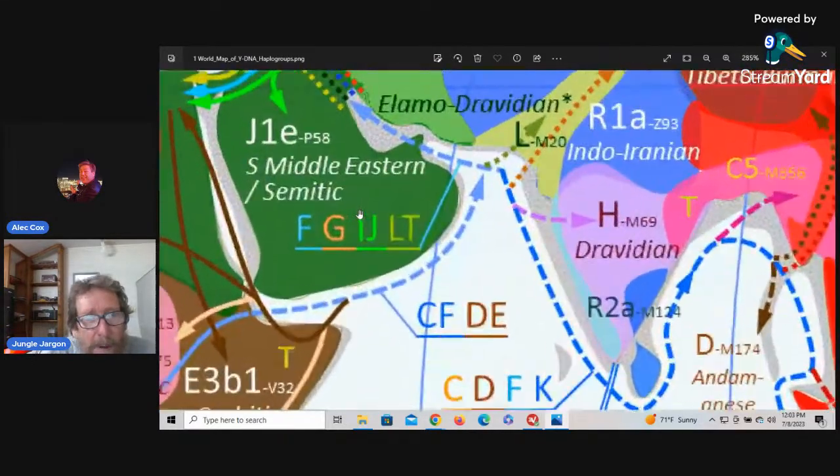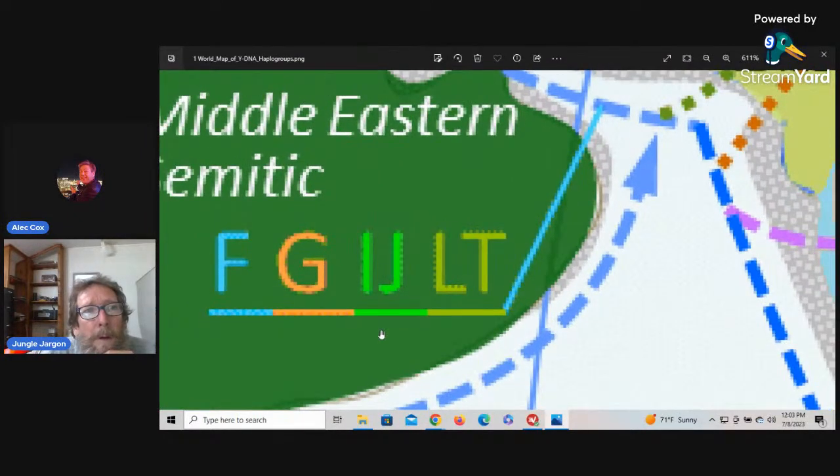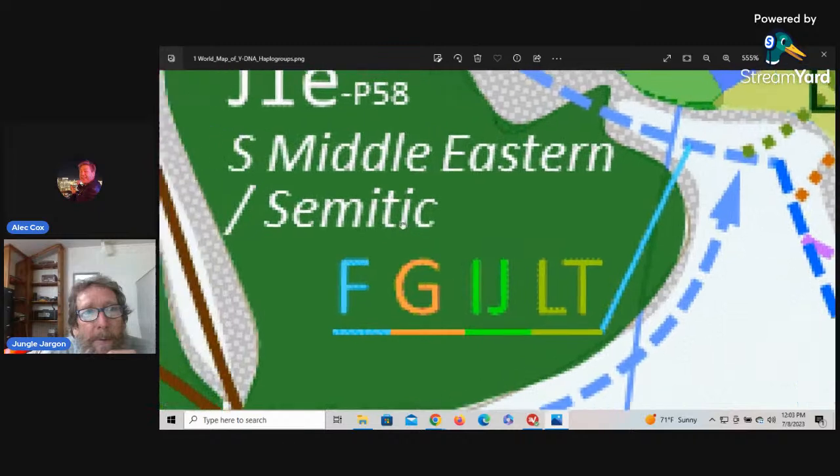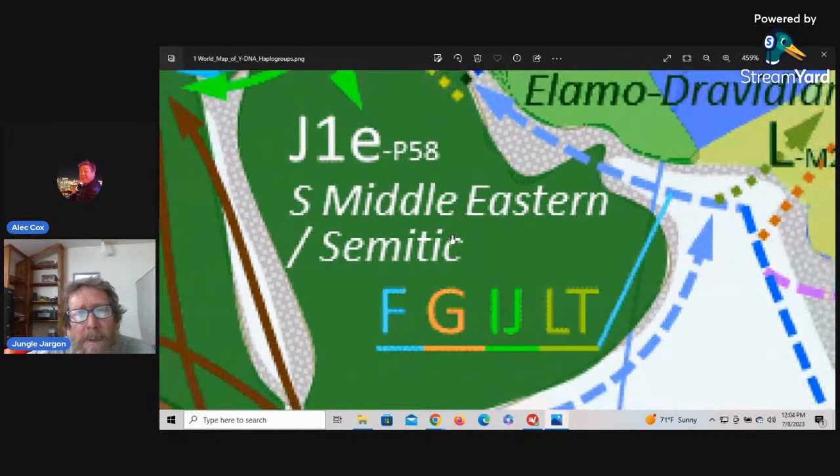Now the first thing we need to see is what's known as the Cohen modal haplotype. It even says Middle Eastern Semitic. But this J1 is Middle Eastern Semitic.